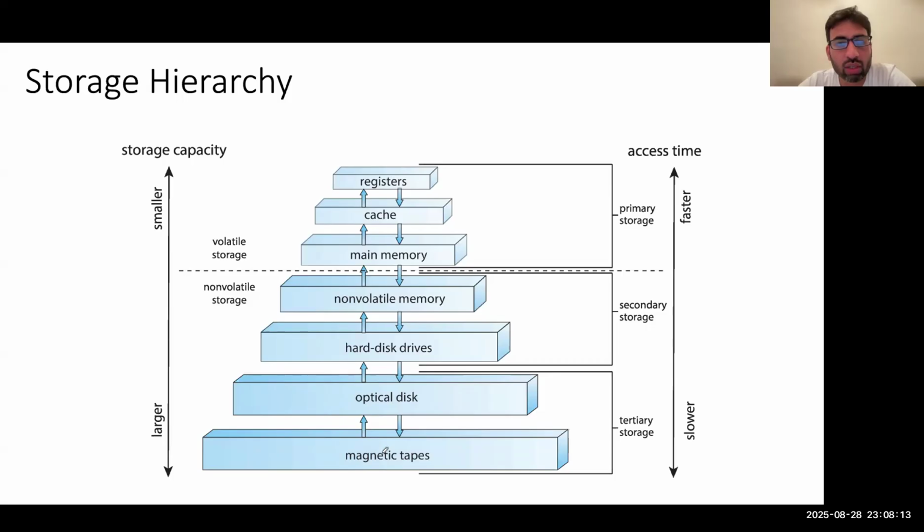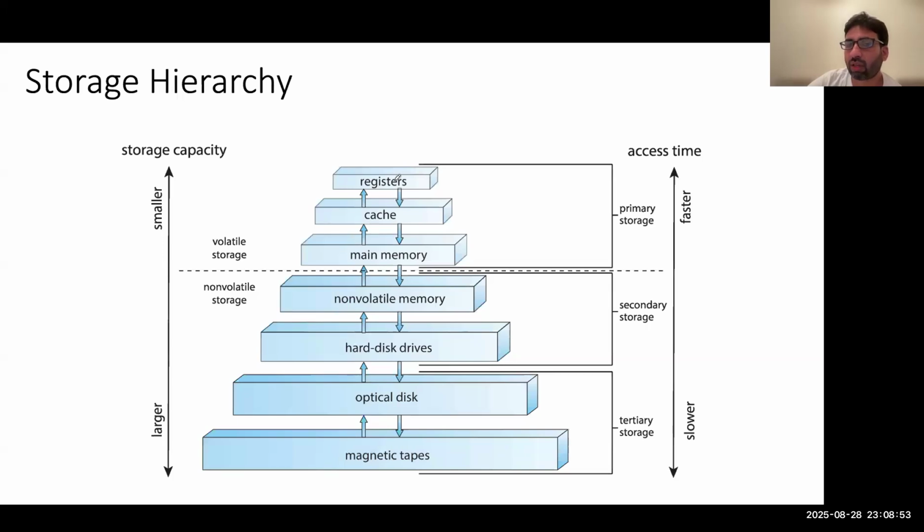The main thing you need to understand here is that as we move upward in this hierarchy, the size of the device we are using for storing data becomes smaller and smaller. For example, registers are smallest in size. You have seen in your microcontroller course that registers are normally 8-bit, or in other microprocessors they are larger, for example 64-bit or 128-bit.